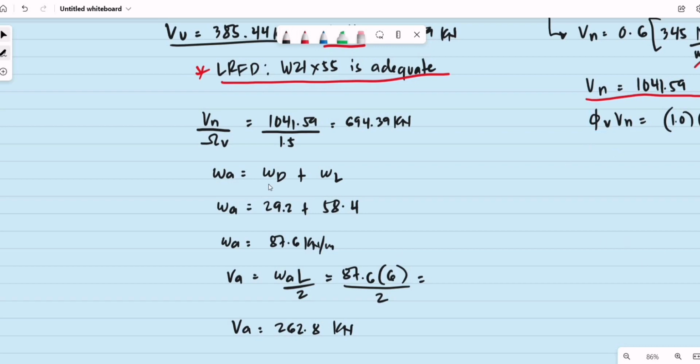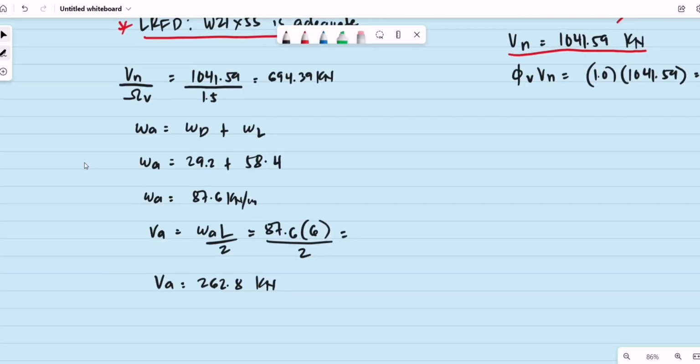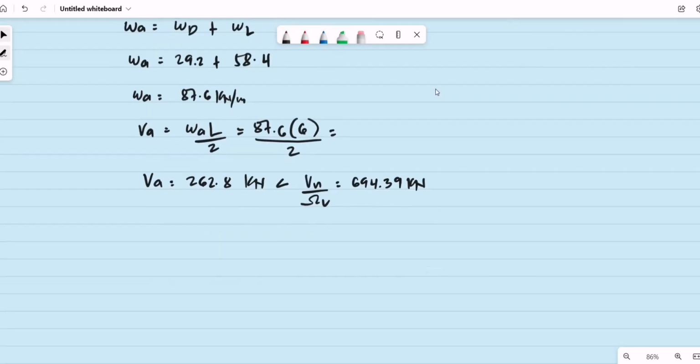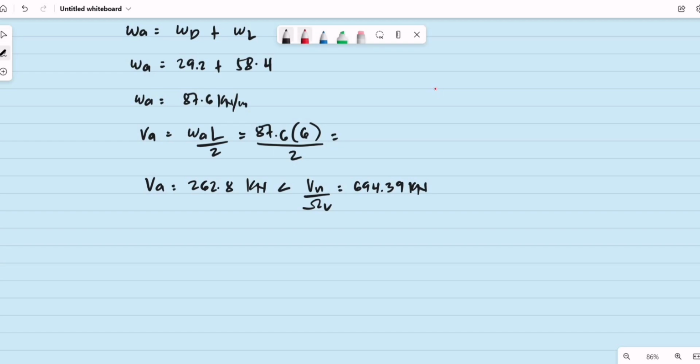This value is less than the V sub n divided by the factor of safety, which is 694.39 kilonewtons. So if we are now to conclude using the ASD method, the W21 by 55 is adequate.